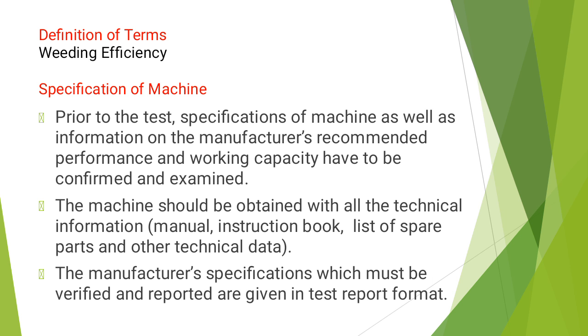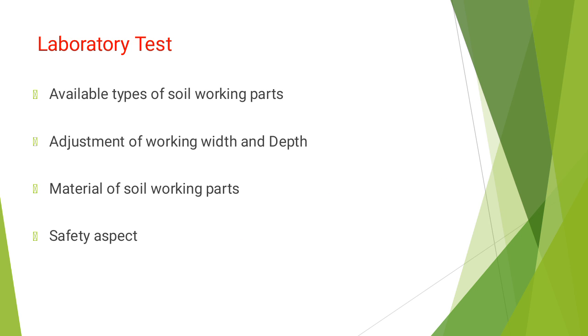Specification of the machine. Prior to the test, the specification of the machine, as well as information on the manufacturer's recommended performance and working capacity, have to be confirmed and examined. The machine should be obtained with all the technical information, and the manufacturer's specification, which must be verified and reported, is given in a test report format.